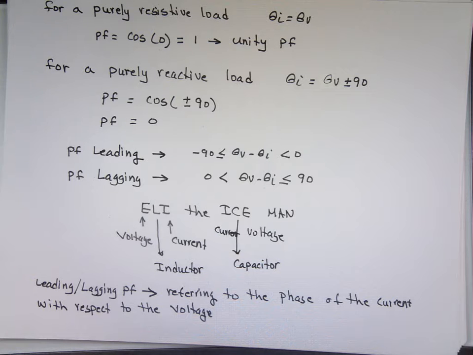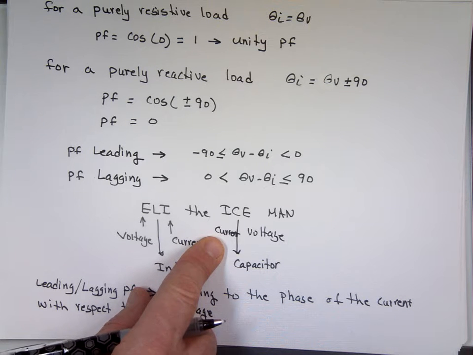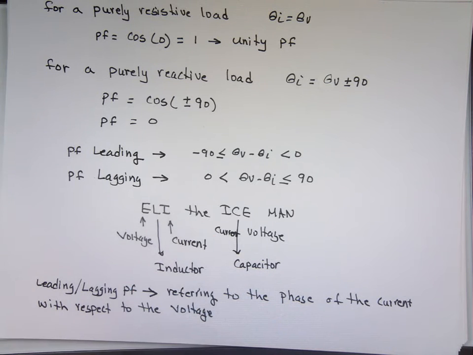So when they say we have a lagging power factor, oh, we have an inductor load. When they say the power factor is leading, oh, we have what? A capacitor on the load, not an inductor. Here's an example.